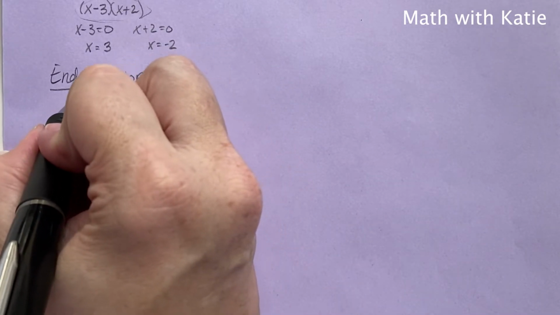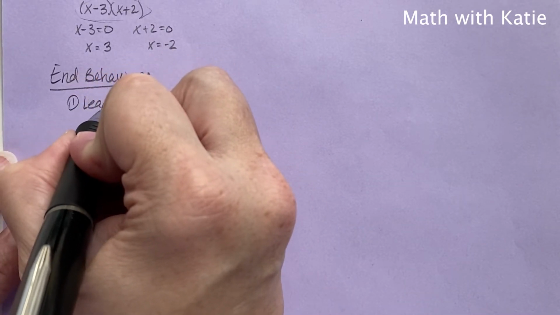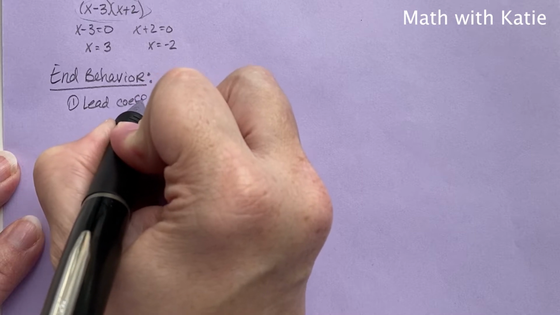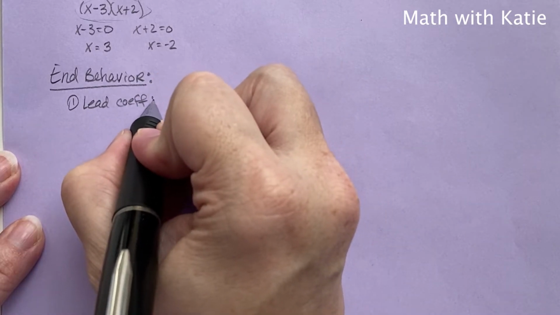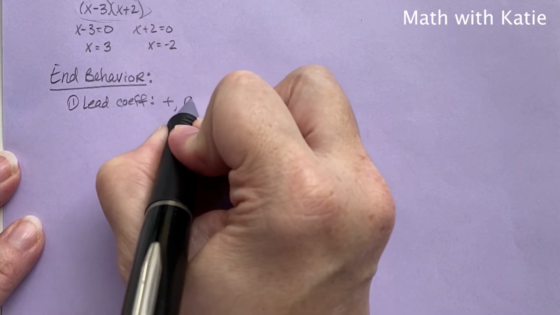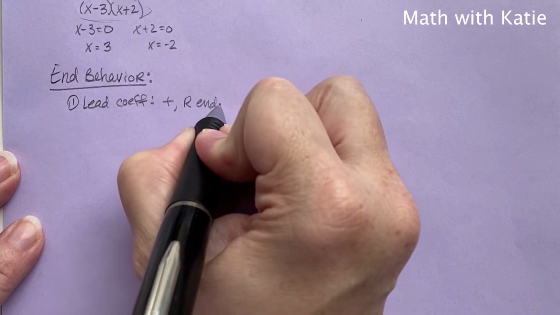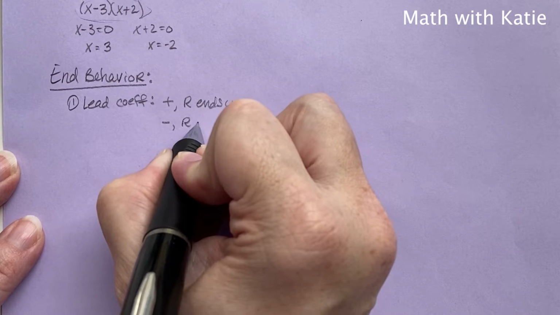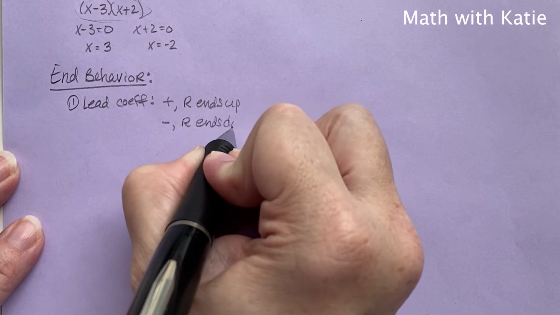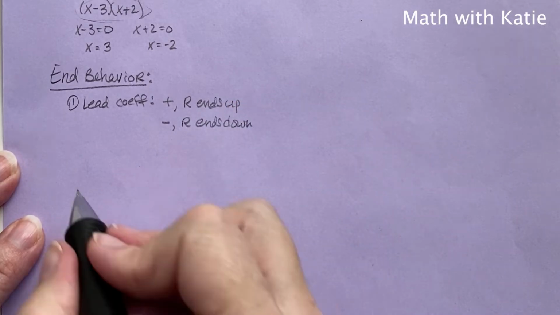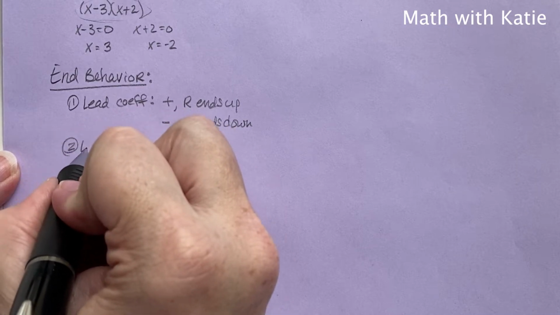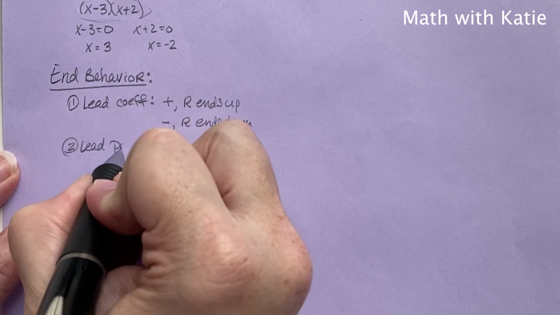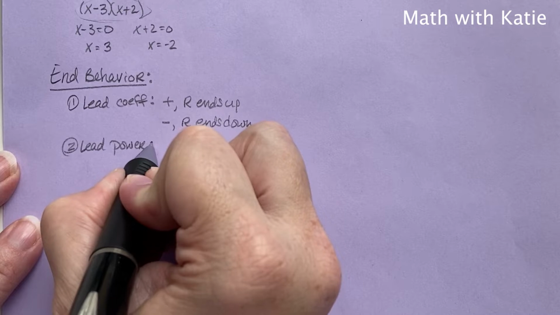The first thing you're going to look at is the lead coefficient, okay? If it's positive, your right side ends up. If it's negative, the right side ends down. The next thing you're going to look at is the lead power, meaning the highest power.